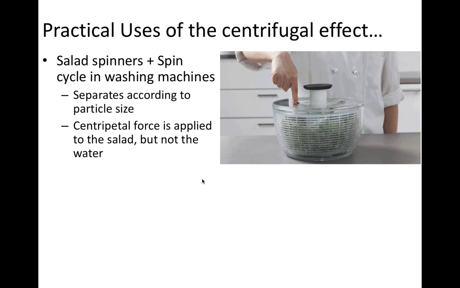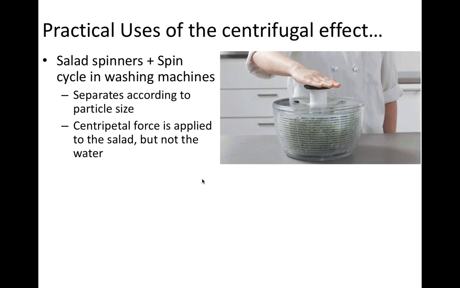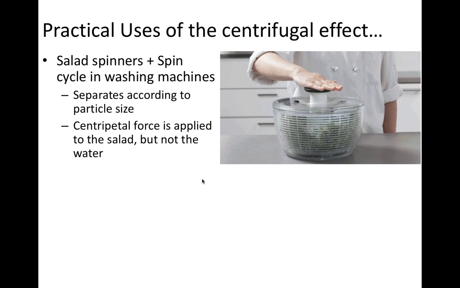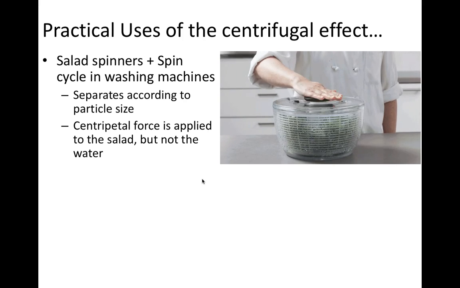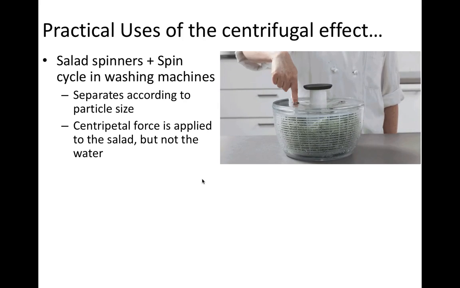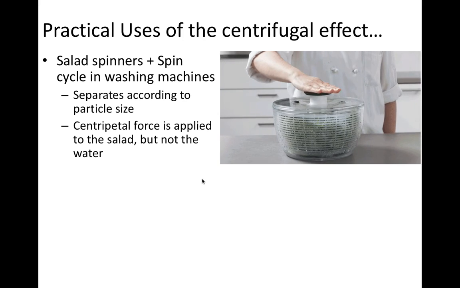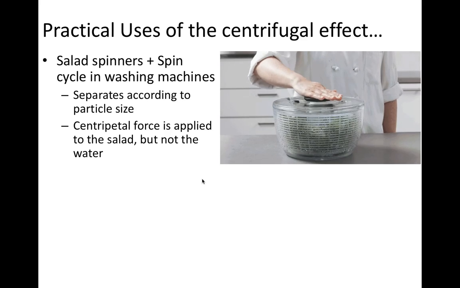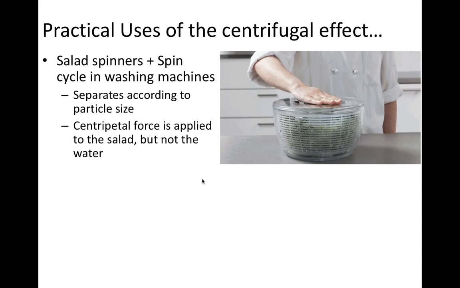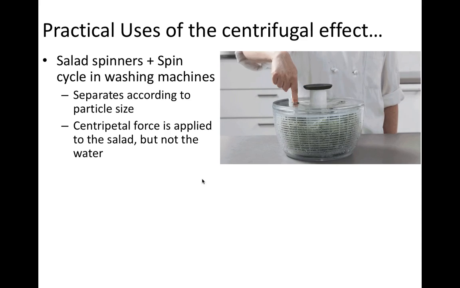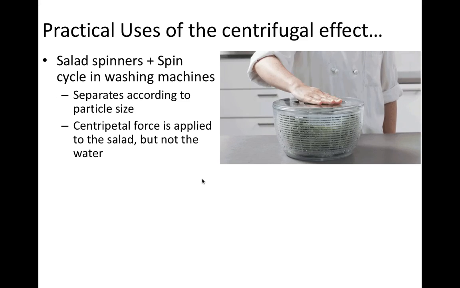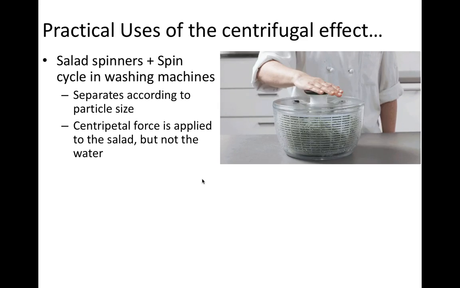But we do have some very practical uses for the centrifugal effect. If you've got one of these handy kitchen appliances called a salad spinner in your house, you can see this in action. You could also see this in the spin cycle in a washing machine. In this case, the salad is moving in a circle, and there's a sort of mesh screen that prevents the salad from flying off.